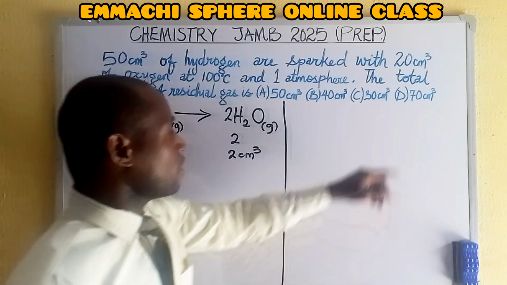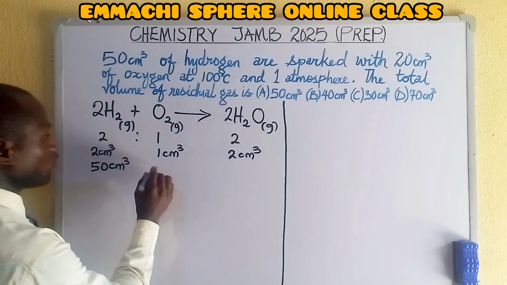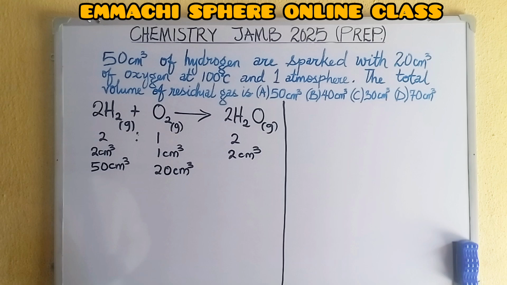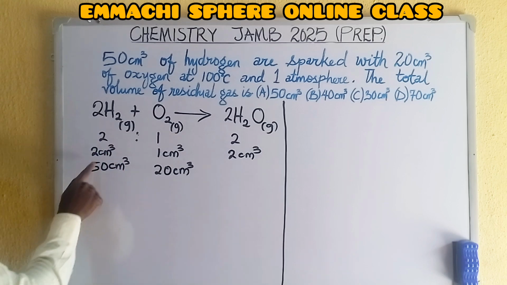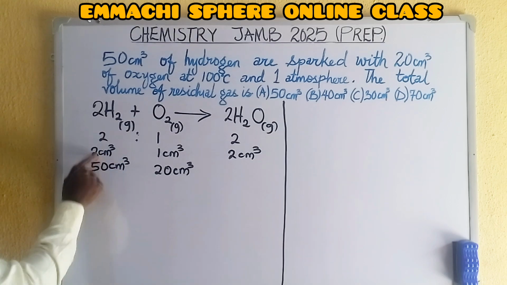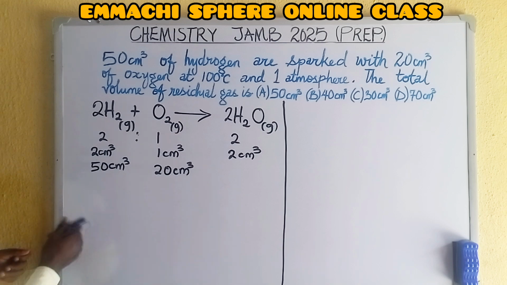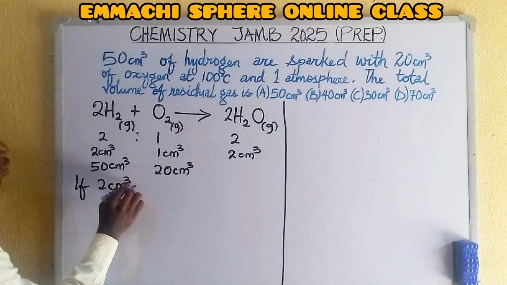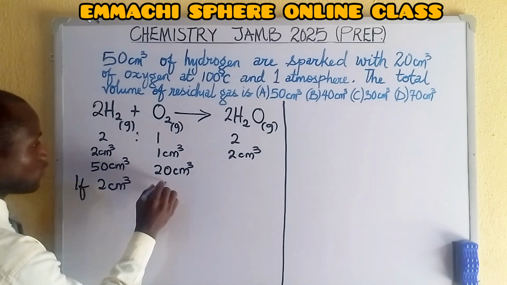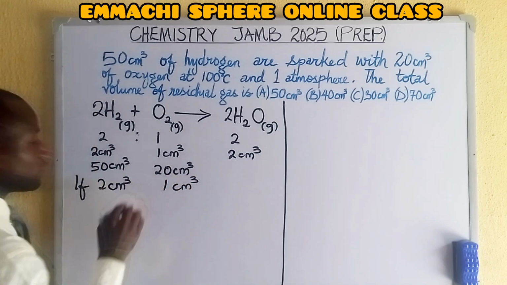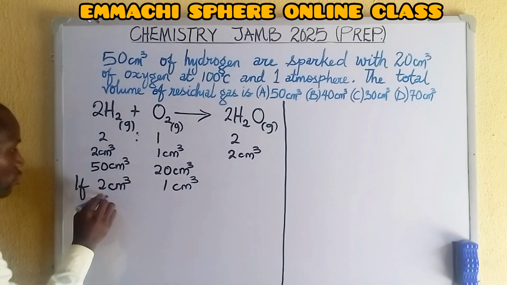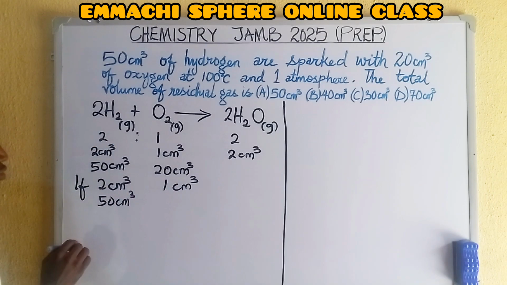Then for oxygen, 20 cm³ is given. Now, if 2 cm³ of hydrogen combines with 1 cm³ of oxygen, but what is actually given to us is 50 cm³ of hydrogen, how many cm³ of oxygen will be needed?